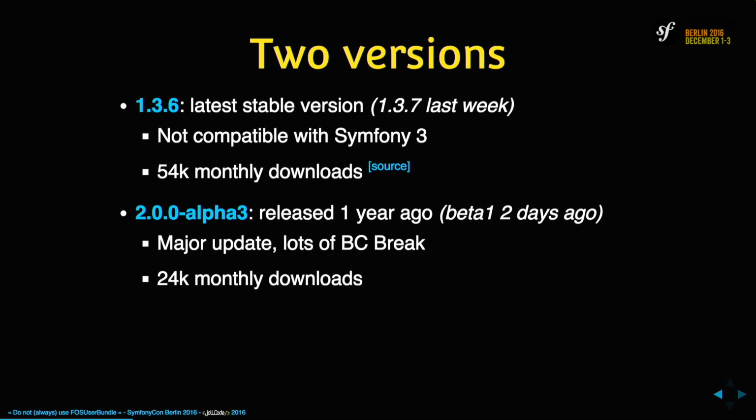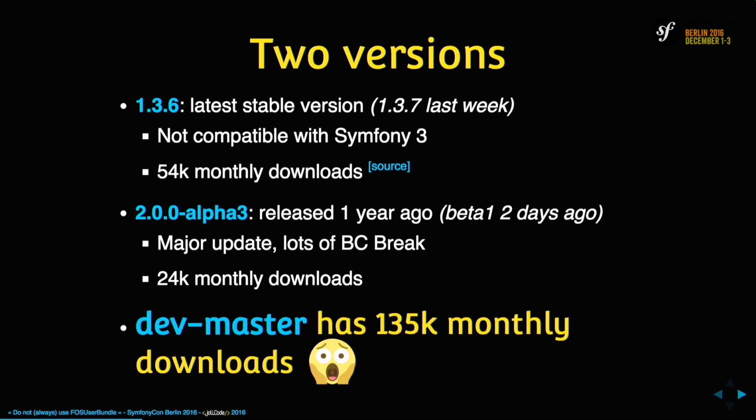So that's a major update of FOSUserBundle. There are a lot of BC breaks, but it works with Symfony 3. It has only 24K monthly downloads, and that's because the main version of FOSUserBundle is dev-master. The dev-master version has nearly 100K monthly downloads.